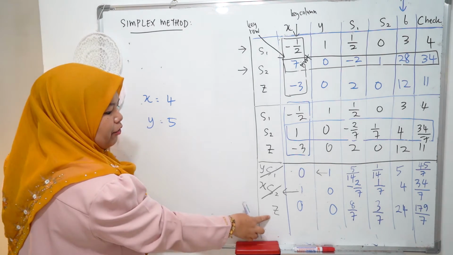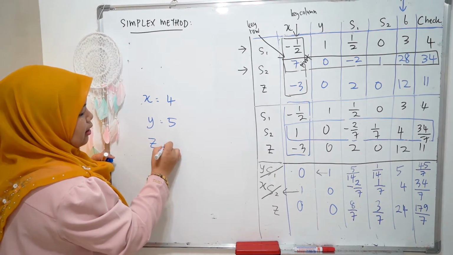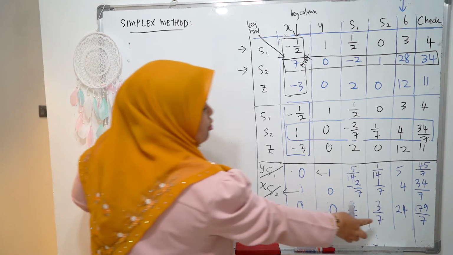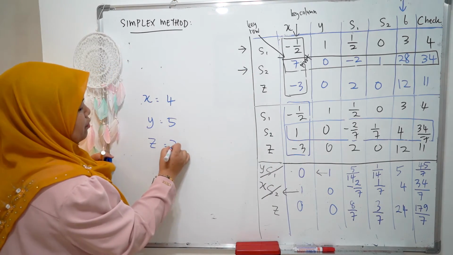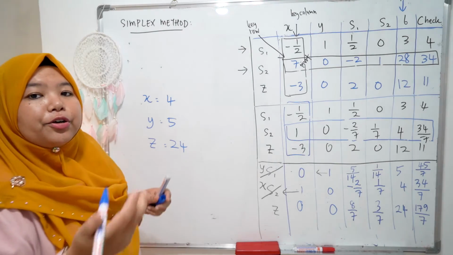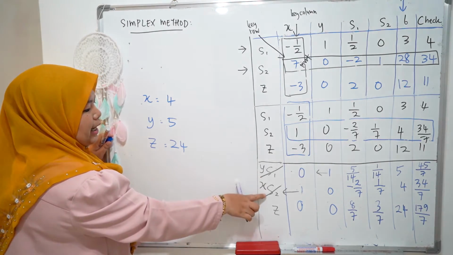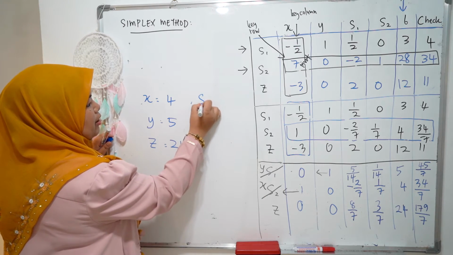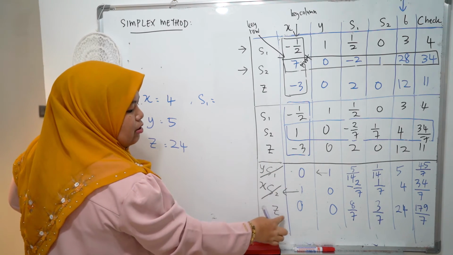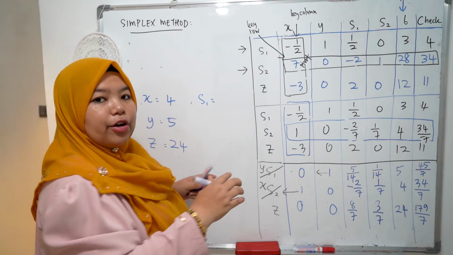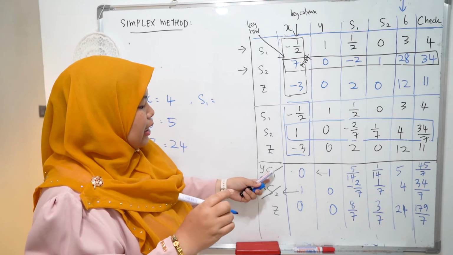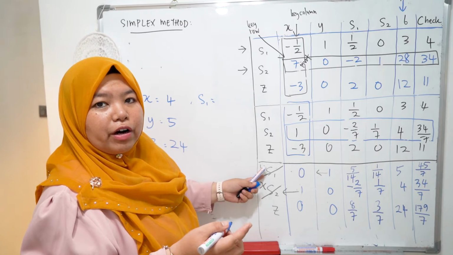How about the profit? The profit z equals 24. You can also list the values of s1 and s2. For s1, is there any s1 here? No s1, because s1 I already replaced with variable y.